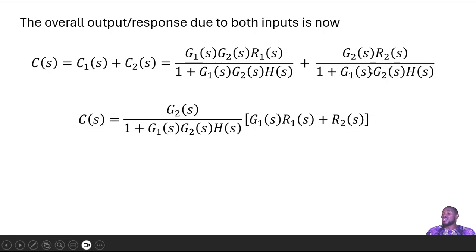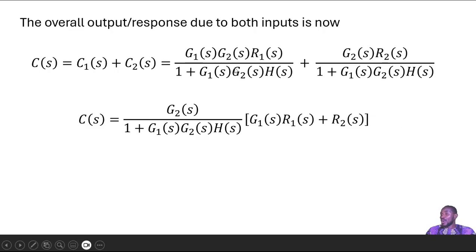Okay, so when you look at these two guys, something is common. G2 of S all over the whole denominator is the same in both of these terms. And so we can factorize it out. Okay, and that's what we've done here. That the overall output of a MIMO system, we factorize G2 of S out, all over this whole guy down here, 1 plus G1 of S, G2 of S, H of S, right?